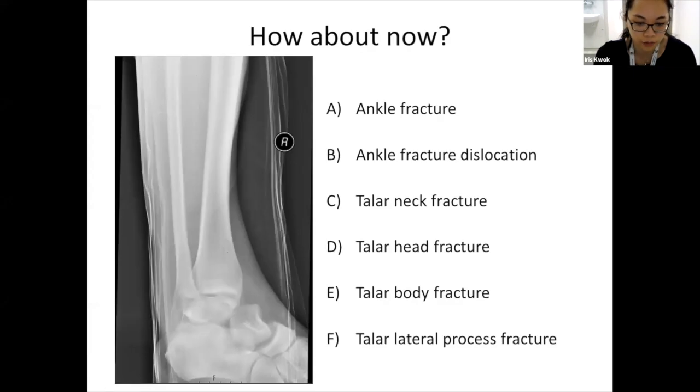So same case, same patient. This is the attempted lateral view, and I want you to vote again this time to see if you still stick to your same answer or whether you might change what you think is going on. Again, just 20 seconds quickly. Tell me what you think.